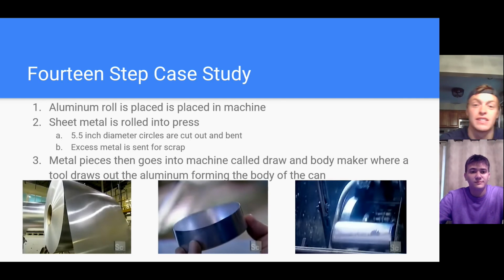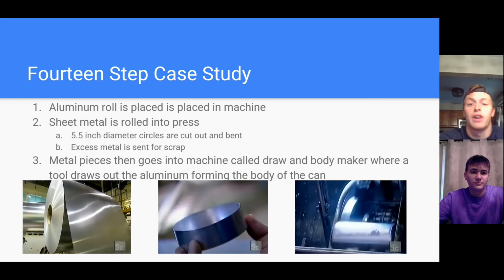So at the start of the process, the manufacturers gather a large aluminum roll in an insanely bulk size. The aluminum roll is so large that it can make 750,000 cans, plus have a bunch of excess metal. From here, this sheet metal is put onto a conveyor belt and rolled into a press. And this press performs two functions on the metal.